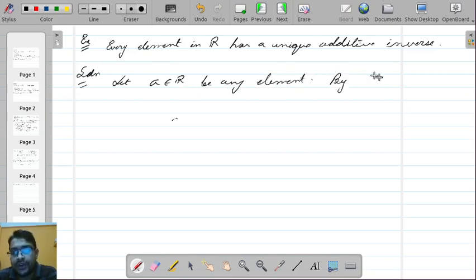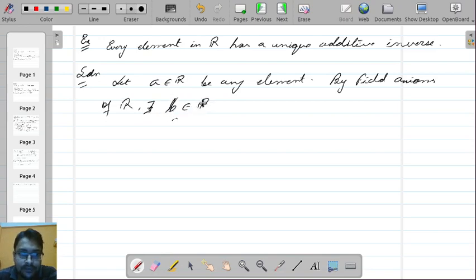What does our property say? By the field axioms of R, one of the field axioms says that for given any a inside R, there exists an element b inside R such that a plus b equals 0, equals b plus a, right?